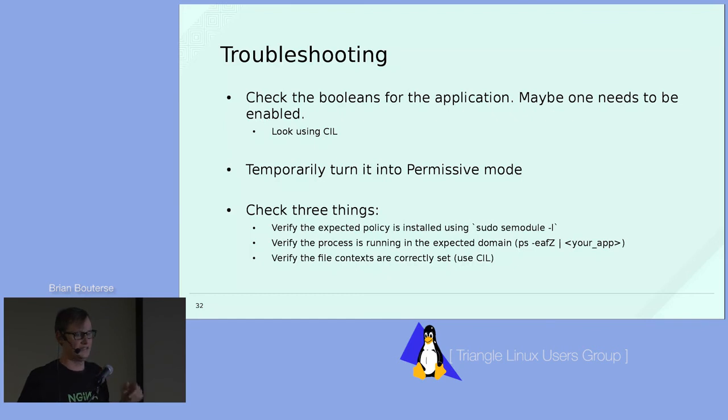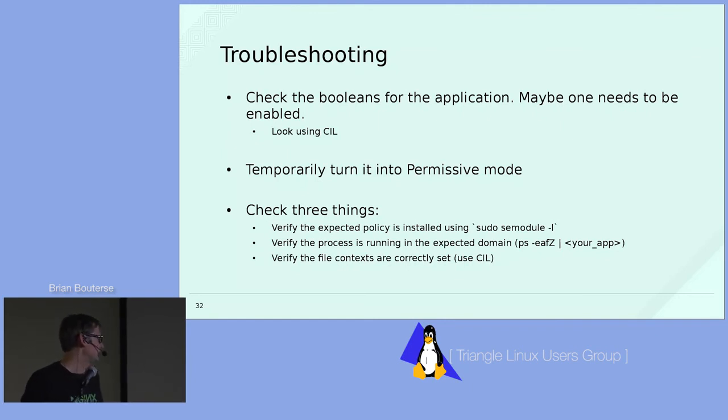At the end here, in maybe 5 minutes, we'll see what a CIL output looks like, and you can read the Booleans there. You can also read them in the documentation. Any project that's doing it well, or even half well, is going to have some documentation on the Booleans that they ship with. You can temporarily turn it into permissive mode. This is a really great thing that you can do temporarily. Don't leave it in permissive mode.